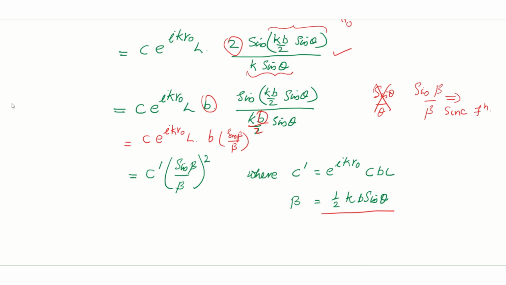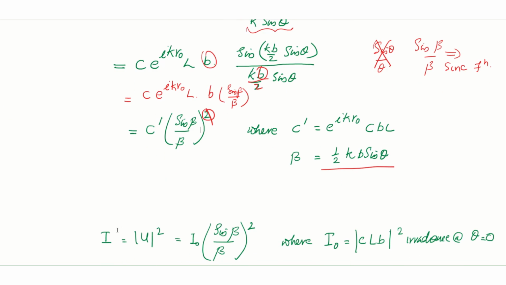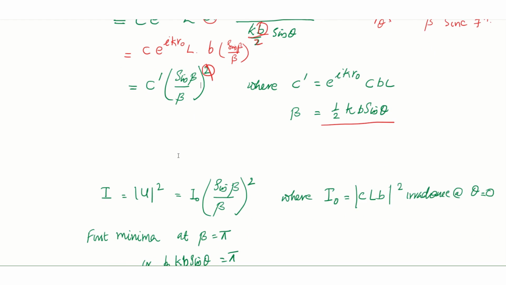This is sin beta over beta, and if you take the intensity, it is the amplitude squared, that is sin beta over beta the whole square, multiplied by I0.